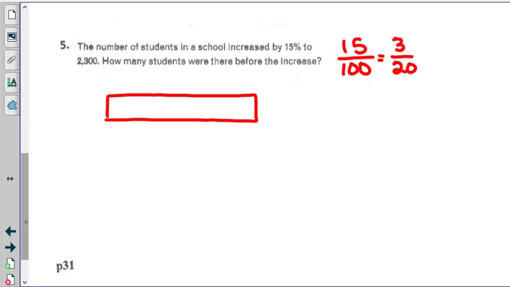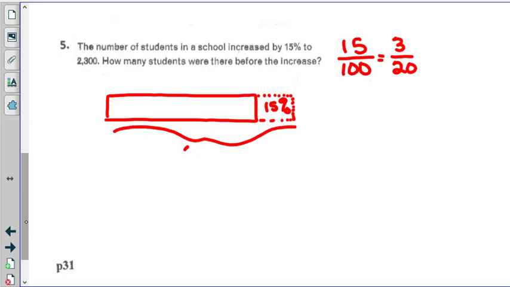So I know that before the increase, they added on 15%. So this was added on. And this is what I know. So I'm labeling what I know.